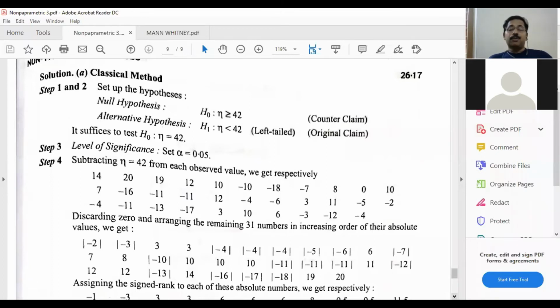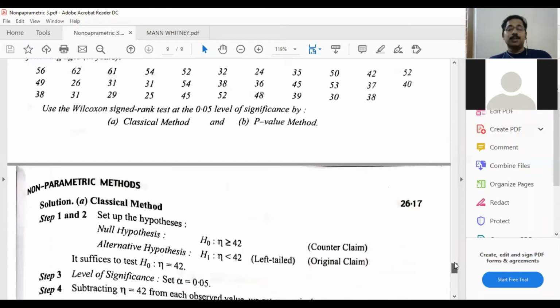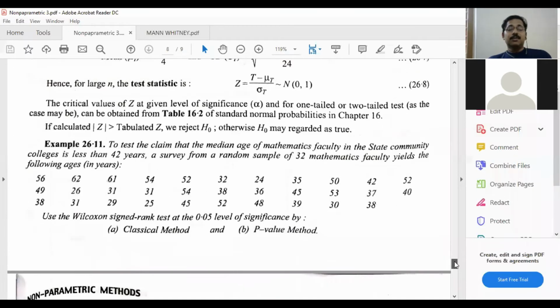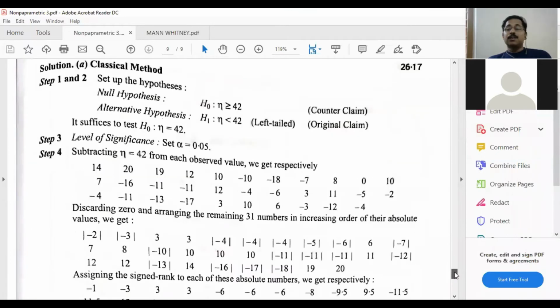In step 4 you have to find the deviations of the observations from the given median value. You just subtract this value from the observations. The first observation is 56, so 56 minus 42 is 14.